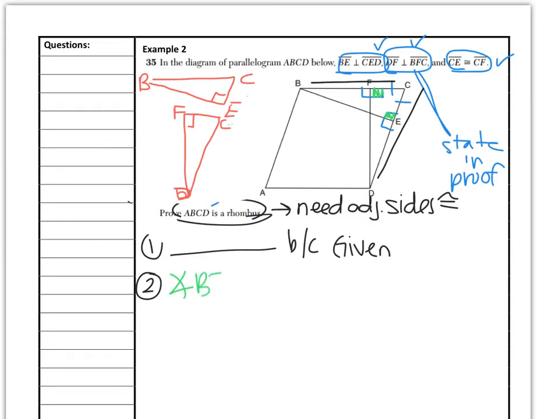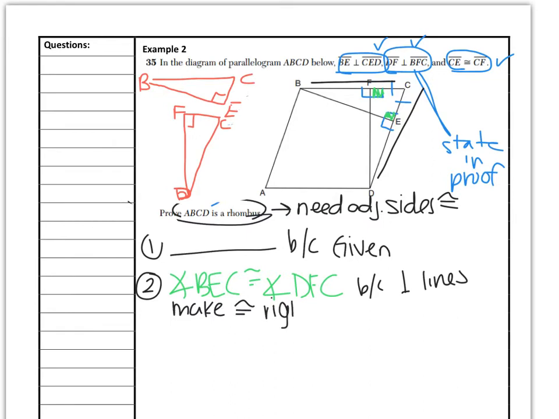Angle BEC is congruent to angle DFC, and that's because perpendicular lines make congruent right angles.